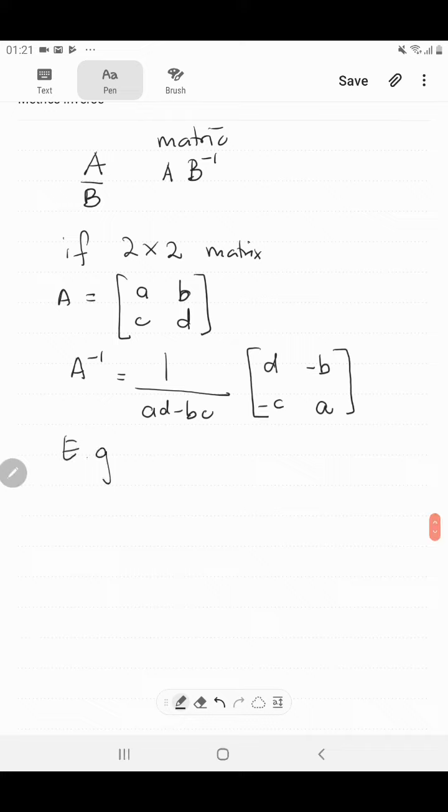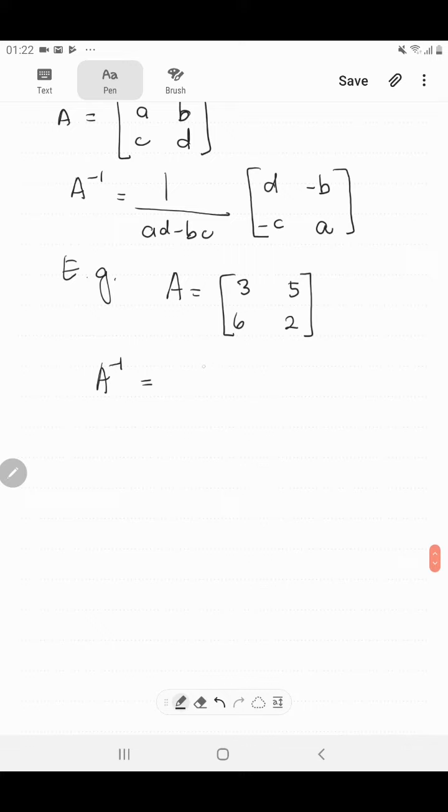Example: six minus 30, that is AD minus B times C, and the matrix itself will take that switch.